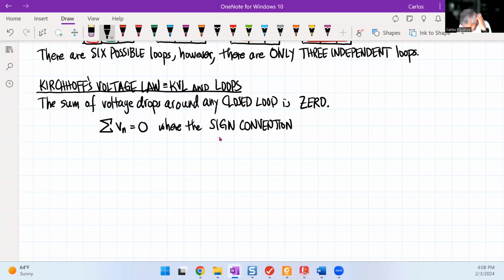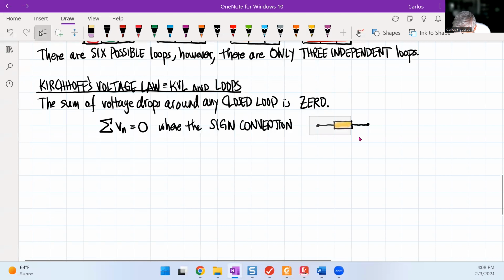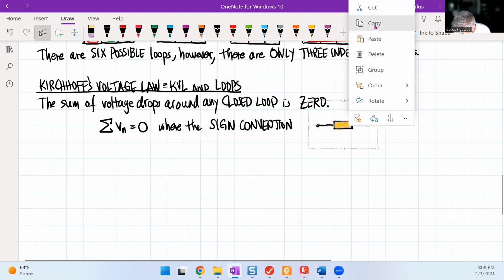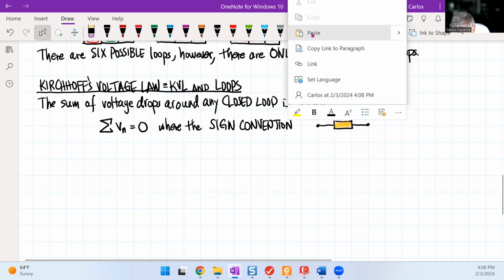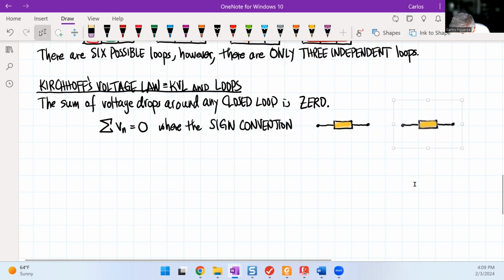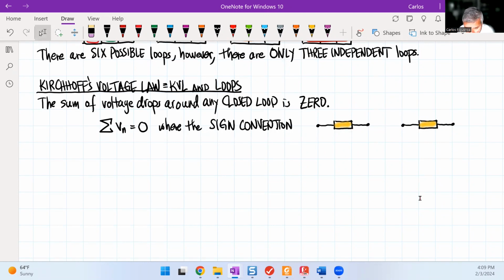And this is where we run into problems with physics 4B and how it's taught. So what I'm going to do here is draw 2 elements. And so I'm going to copy this guy right here. And what ends up happening is that we typically want to choose the path so that we imagine that the path is the direction of current flow.